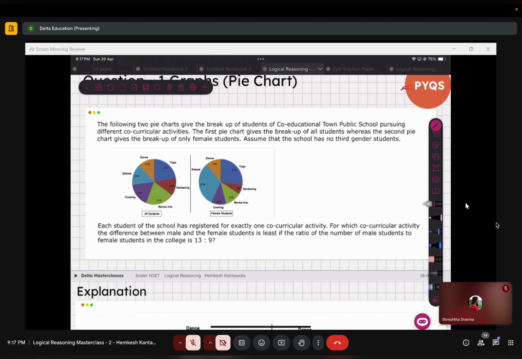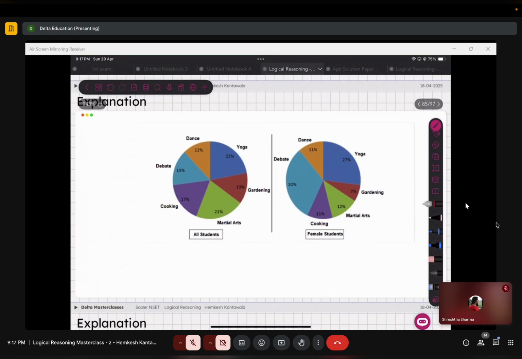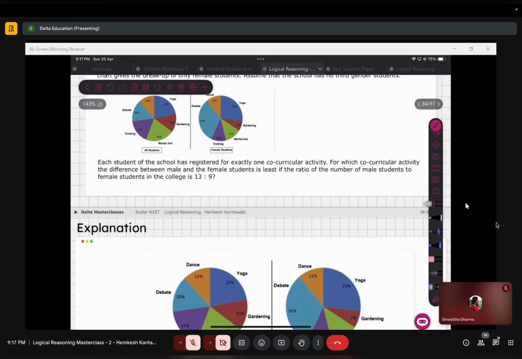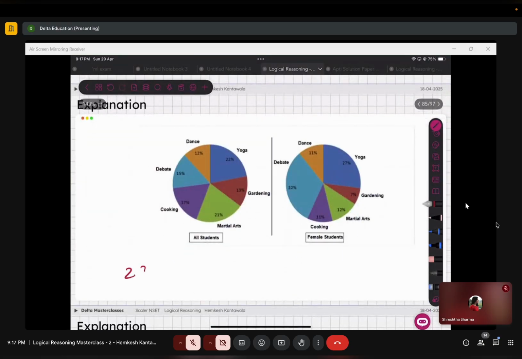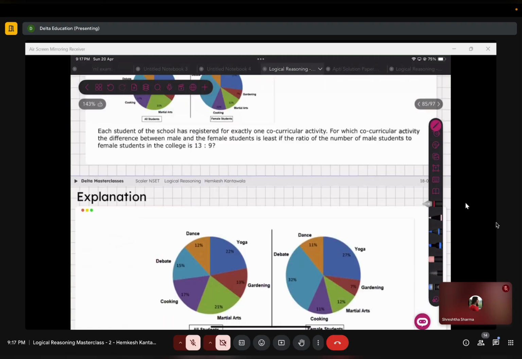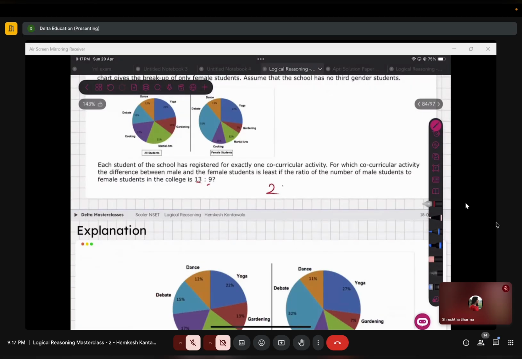Joel, you have solved this question before. Could you unmute? Go ahead. First I took the total number of students as 2,200, because if we add the ratio 13x plus 9x, we get 22x, so x is 100.